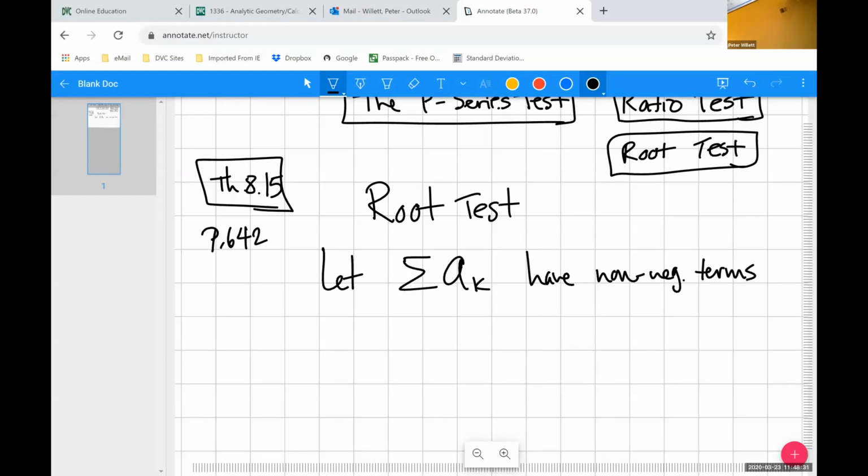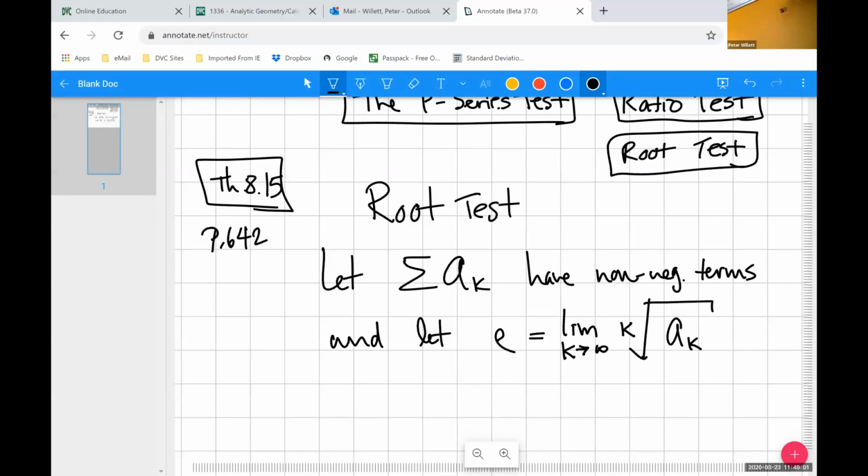Notice the r value before had to be non-negative as well. Then it says, let rho equal the limit as k tends to infinity of the kth root of the terms.